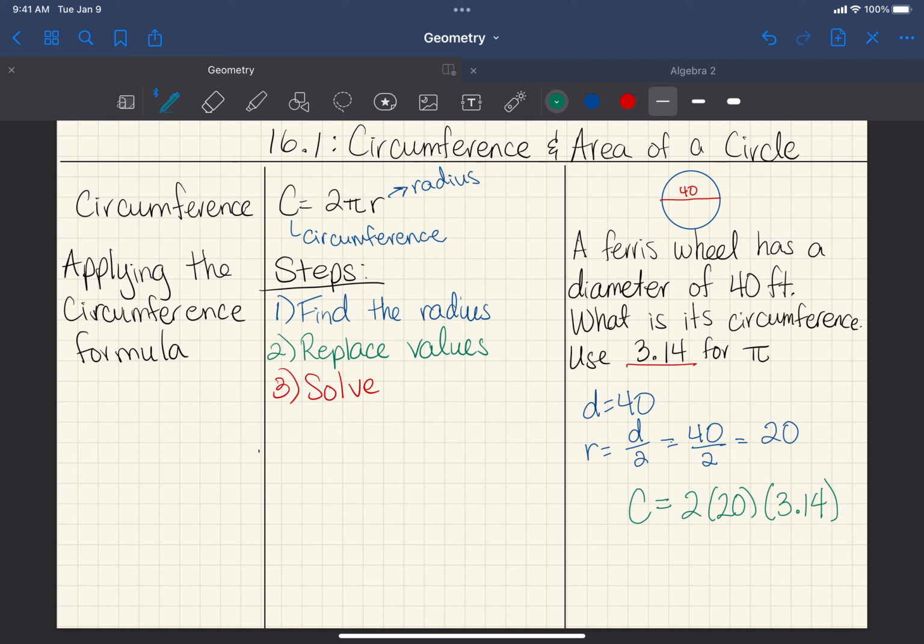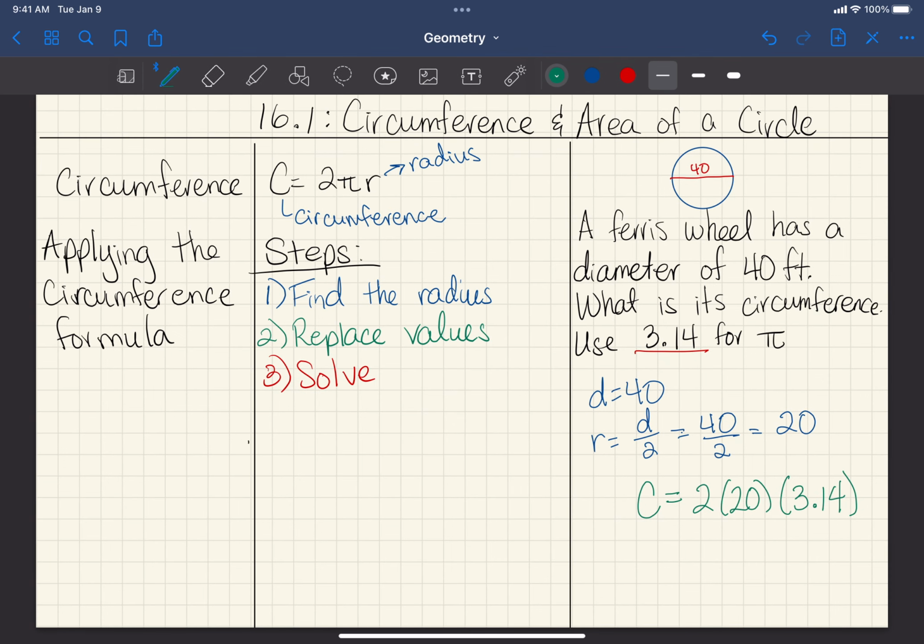Does it really matter? In this case, it doesn't, right? We're multiplying, meaning order does not matter in the multiplication, okay? What I really care about is making sure that I multiply 2, 20, and 3.14. So you're going to want to use the calculator for this. Your test may have it on the no calculator portion, but multiplying by 3.14 isn't too bad.